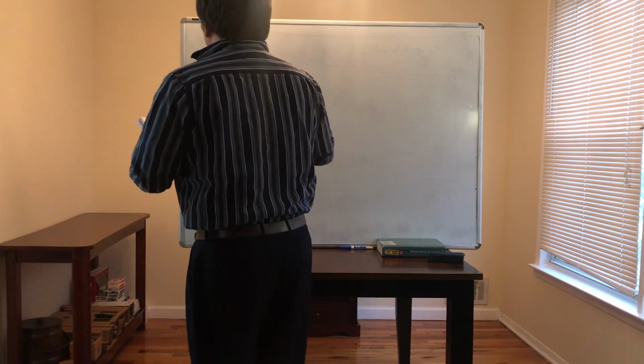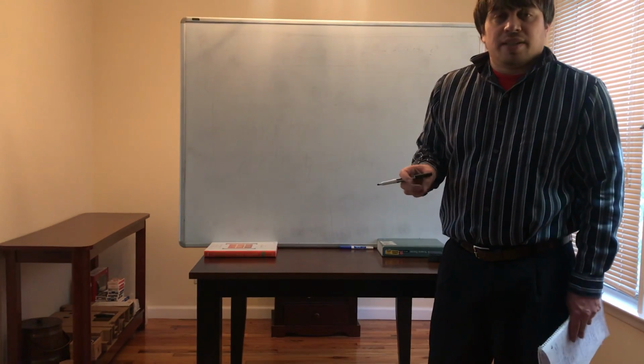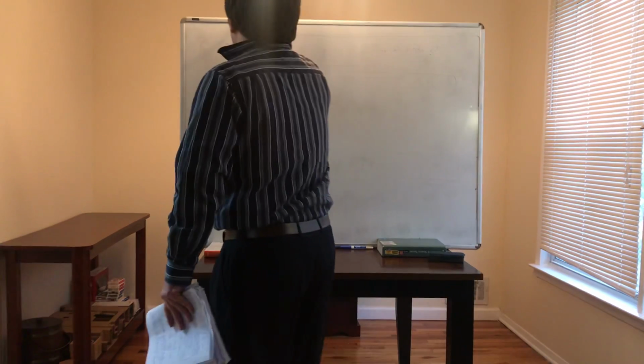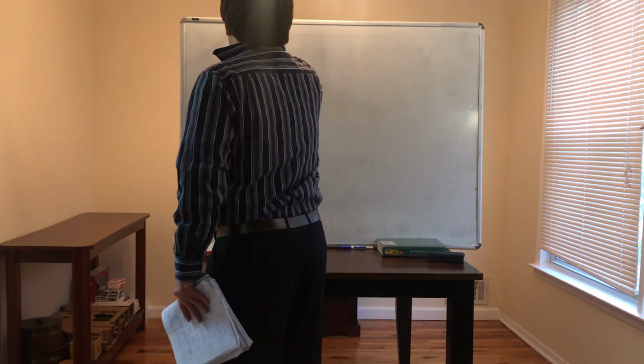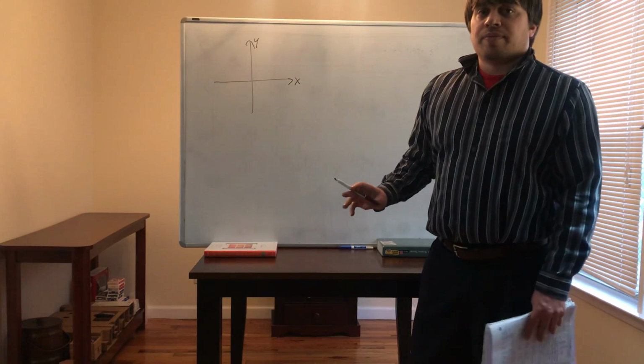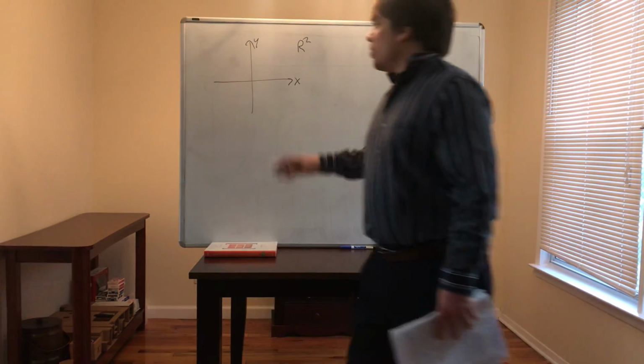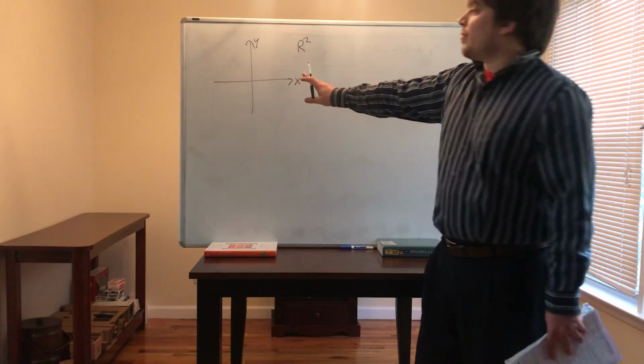So a basis is sort of like the core axes of a vector space. For instance, if you had the xy plane, you might think of the x-axis and the y-axis. This is R2, all the vectors in 2-space.